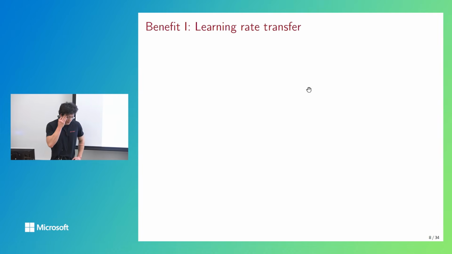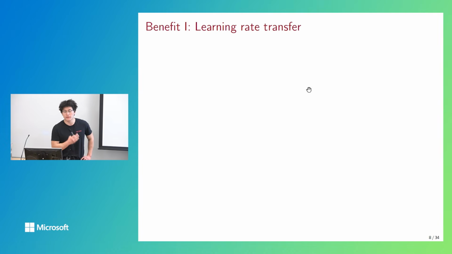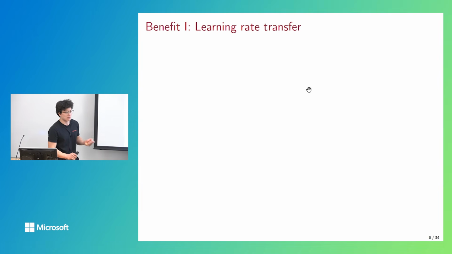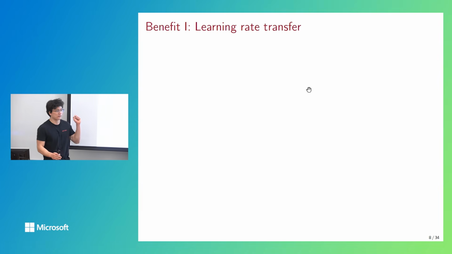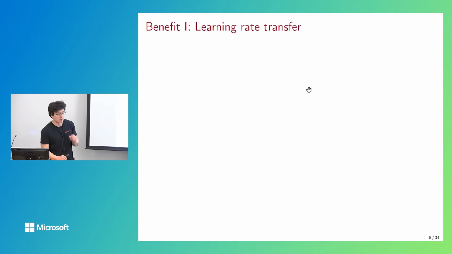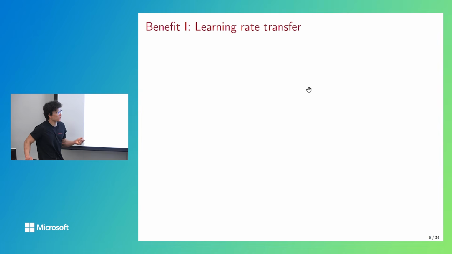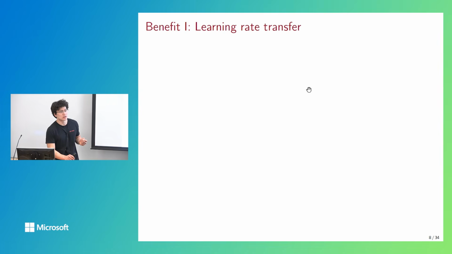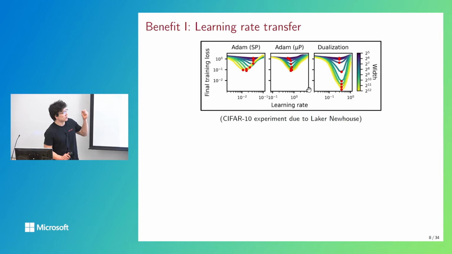So the first benefit is more motivated by this theoretical principle of controlled activation. If you think about it, across different scales you're training the models at, if you can guarantee that the activation scale is controlled, it can successfully train. So with this principle in mind, it turns out this orthonormal update rule with the right scaling gives you direct transfer across scale.